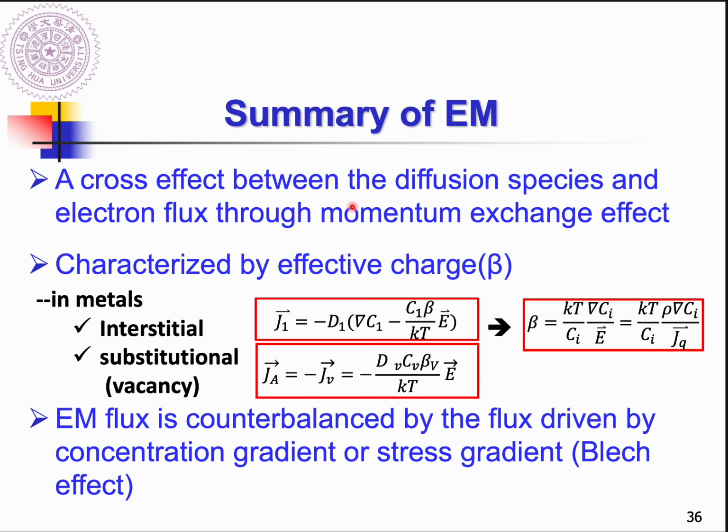For example, in the beginning of these sections, we talked about ionic material, right? And it's a doped ionic material, an ionic material doped with positive charge ions. So in that case, as long as you apply the electrical field, you can measure the electrical conductivity, right?